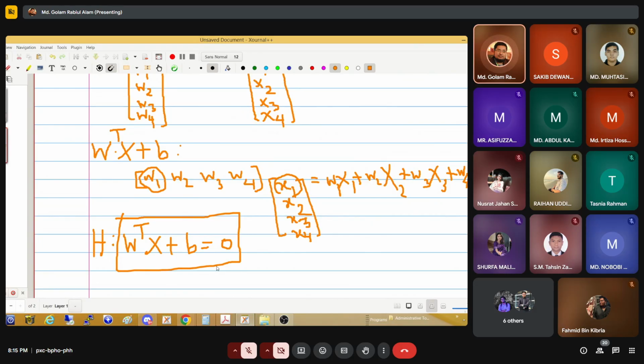So this is the generic form of the equation of the hyperplane. Okay, we got the equation of a hyperplane.